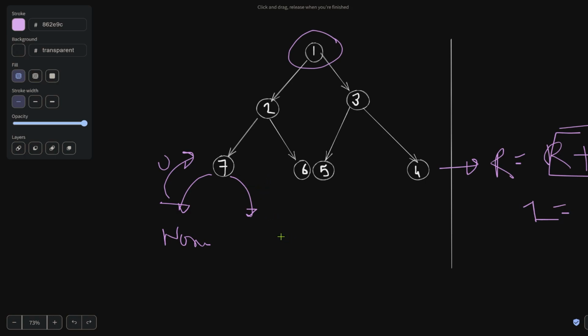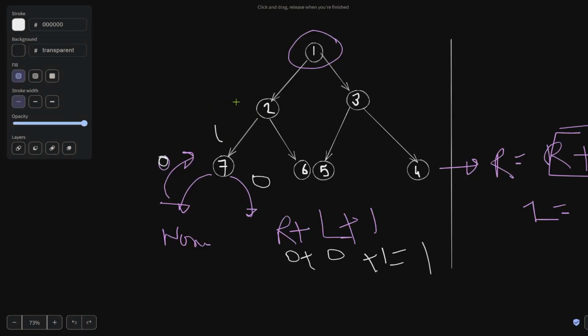So as per our formula, right plus left plus 1, there is no node, so we return 0. There is no node, we return 0, and right plus left plus 1 is basically a 1.